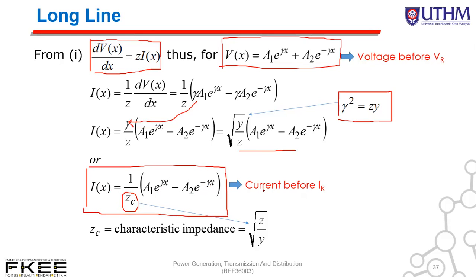So this is the current before the receiving current, and Zc is nothing but the characteristic impedance.